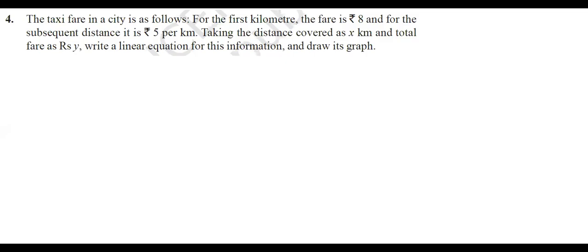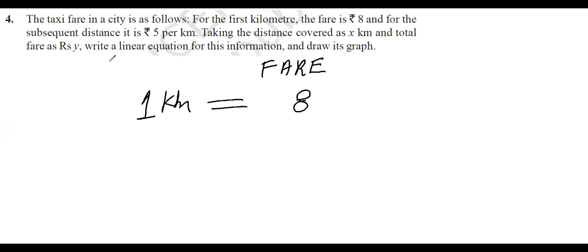Fine. So here it says that a taxi fare in a city is as follows. For the first kilometer, the fare is 8 rupees. And for the subsequent distance, it is 5 rupees per kilometer.